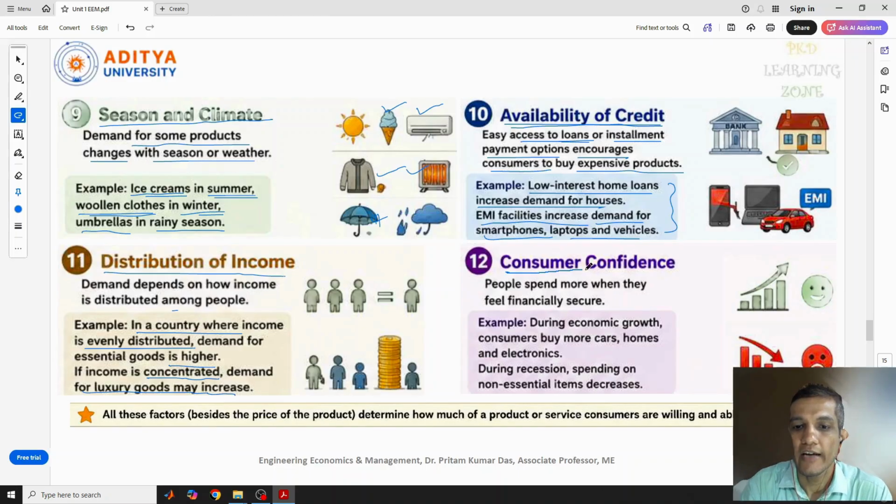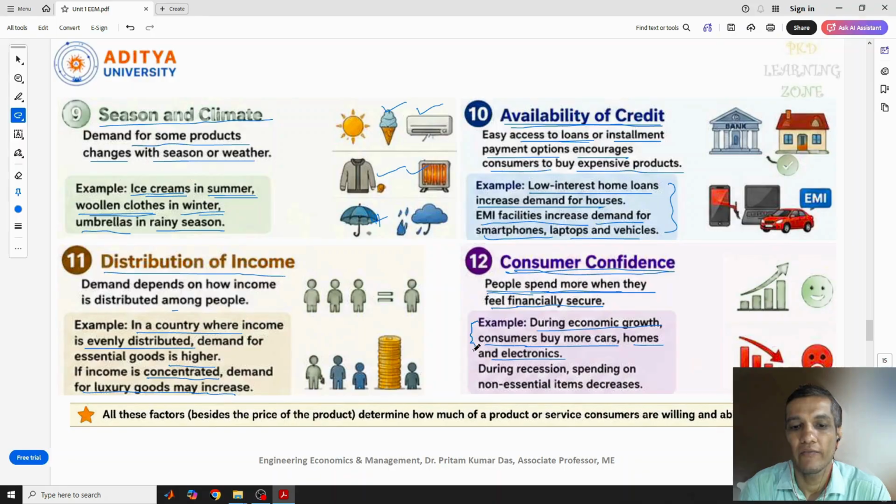The next one is consumer confidence. Consumer confidence is nothing but if consumers have good income and flexibility, they will have confidence. People spend more money when they feel financially secure. When you are financially confident that you can invest some amount in a particular product, then you feel confident. So during economic growth, consumers can buy cars, homes, and electronics.